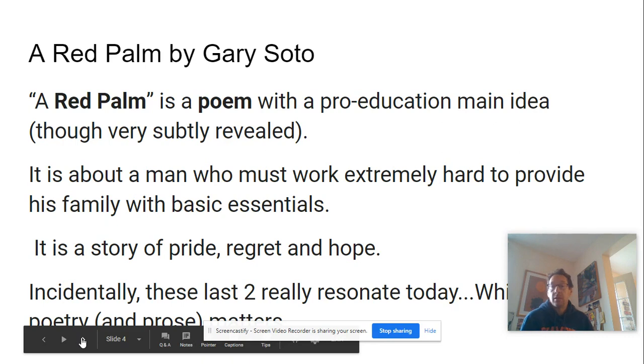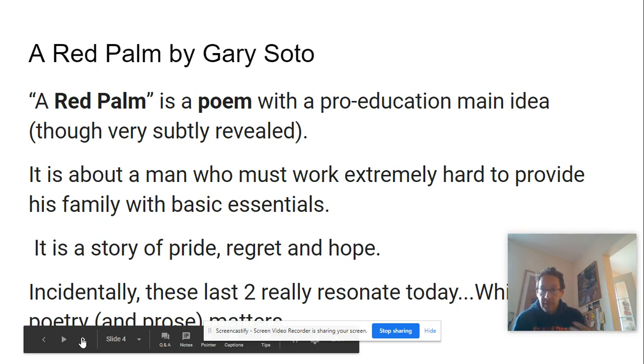when you read and think about the small mentions about education in there, it's subtle, it's on the down low, but you'll see how it is a very pro-education poem. It is about a man who must work extremely hard to provide his family with basic essentials. No, it's not about me.